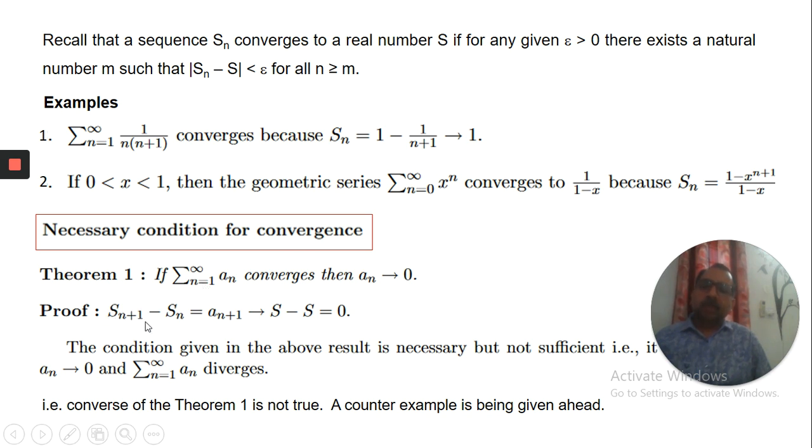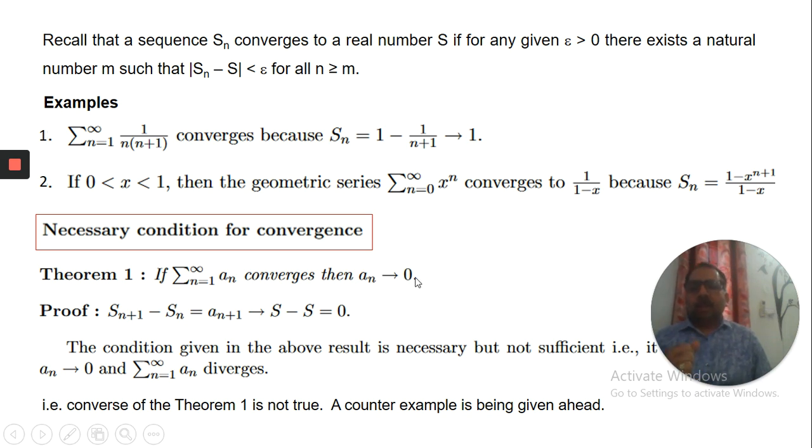So this has limit S, this has limit S, it means S minus S is 0. So this sequence a_{n+1} has limit 0. So a convergent series gives a sequence that converges to 0.